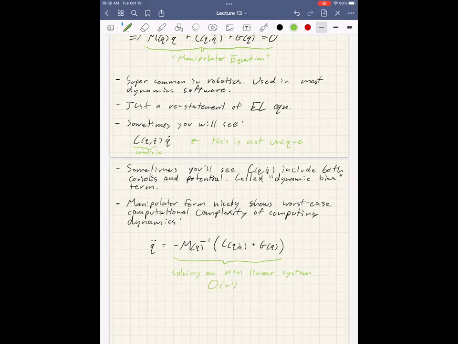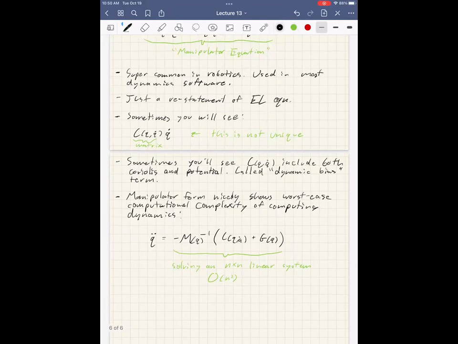Okay, so there's a lot more to say about that. That's if I naively treat M as just a dense matrix, but it turns out there's a lot more structure going on. For a lot of problems, you can get this down to O of n, linear time. Maybe you've heard of Featherstone's algorithm, recursive Newton-Euler. That's what that's all about. It takes us from cubic to linear complexity, which is a huge win if you're simulating a complex robot.